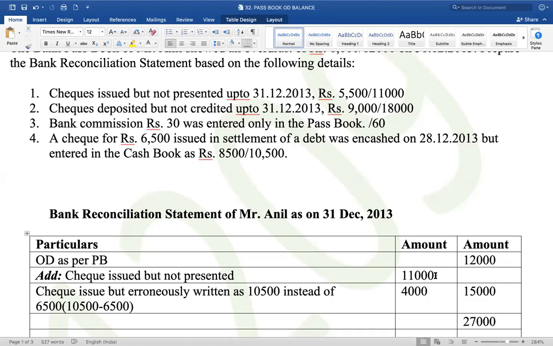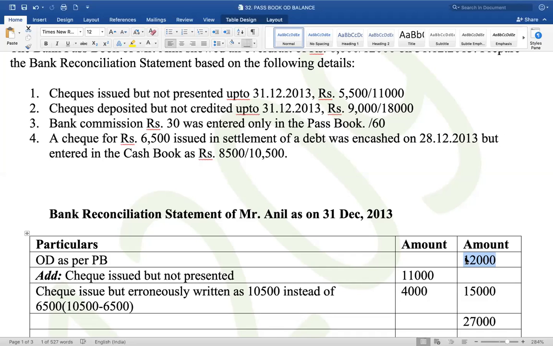No, sir, there's no doubt. Okay. Now, second one, checks deposited but not credited. What shall we do? This is check issued; this is check deposit. When you deposit check, what happens to the OD, overdraft? Decreases. Okay, it decreases, right?